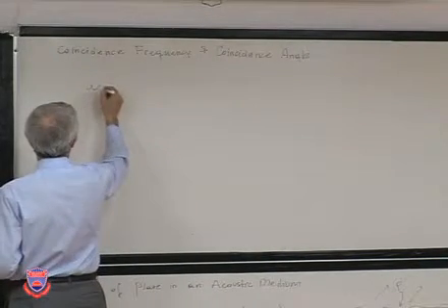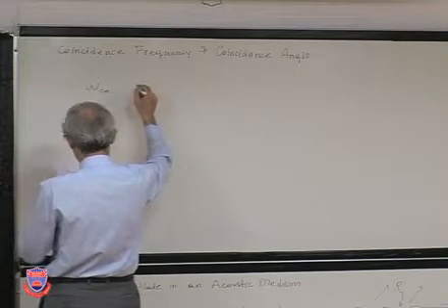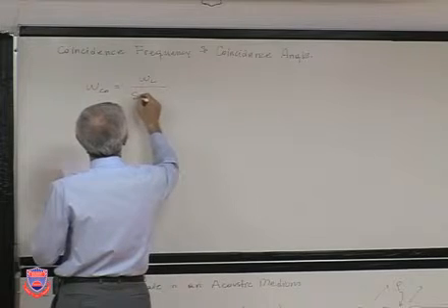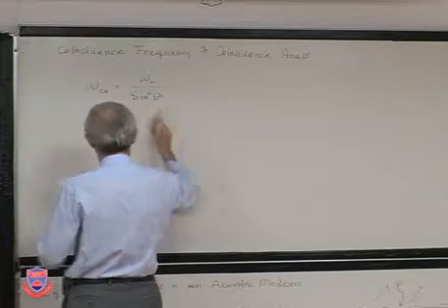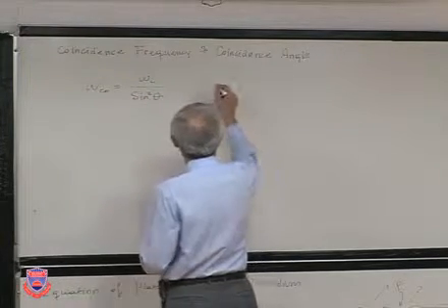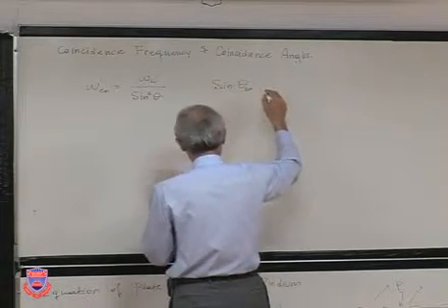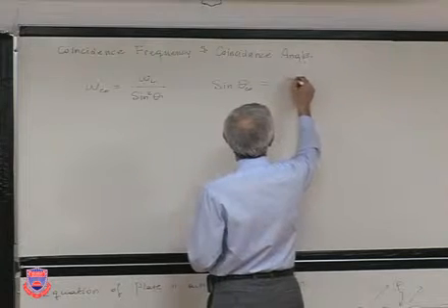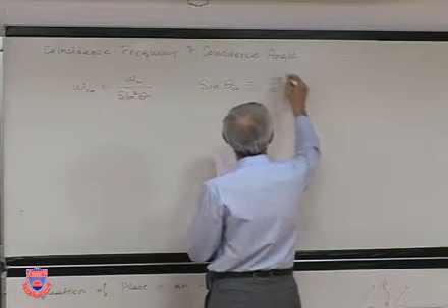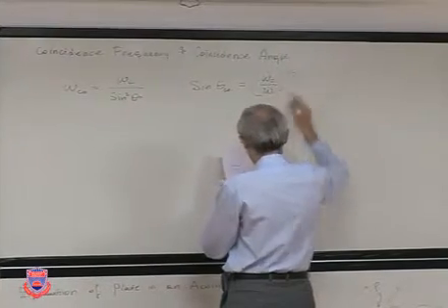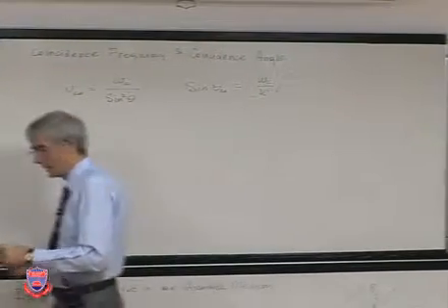The relationship, of course, between coincidence and the critical frequencies is through the angle itself. So what we call critical or coincidence angle is the ratio of the frequencies.